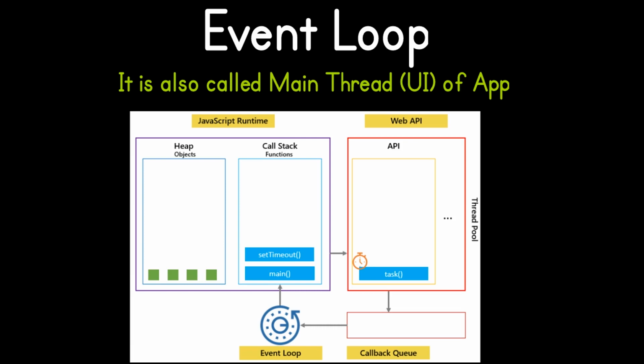There are lots of queues, and also inside web API, also inside heap memory. So basically its job is to manage everything. So this responsibility of the event loop is to manage everything. So that's it.